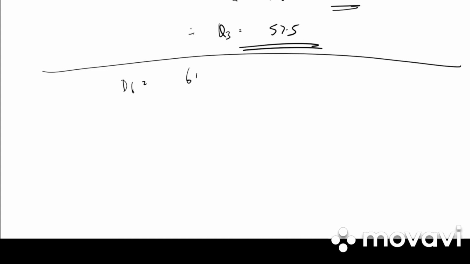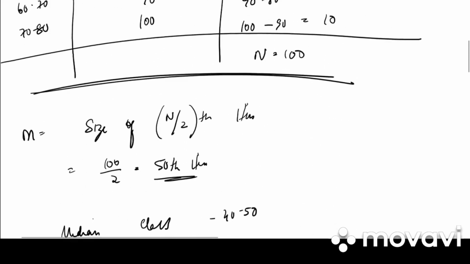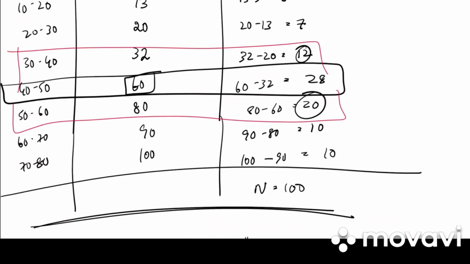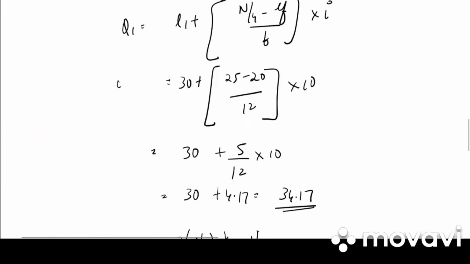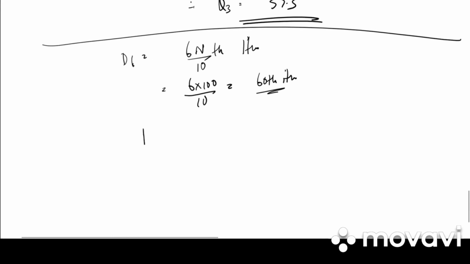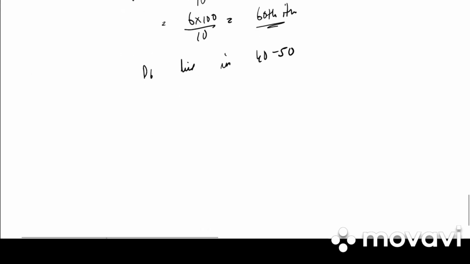Then they have asked us to find D6. D6 is equal to 6n divided by 10th item. 6 into 100 divided by 10, that is 60th item. So what will be the class interval? It will be 40 to 50. So D6 lies in 40 to 50.